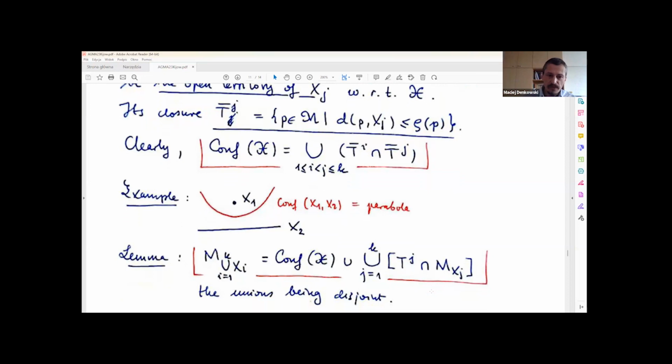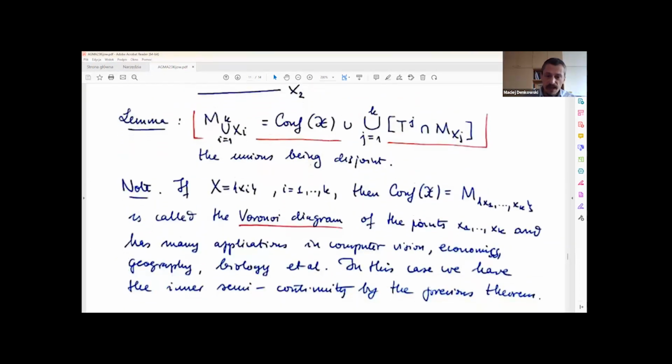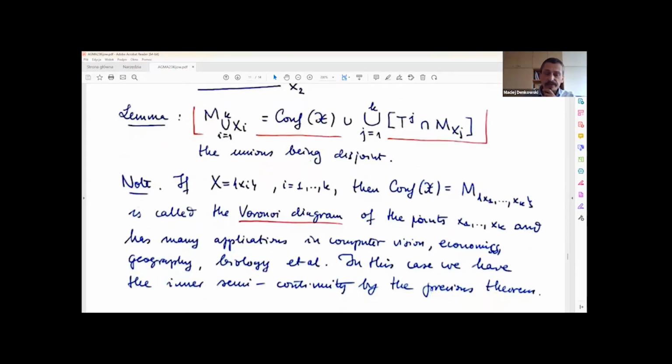This lemma is a simple exercise, nothing else. If we have the sets reduced to singletons, then the conflict set is exactly the medial axis of these singletons put together, and this is what we call the Voronoi diagram.